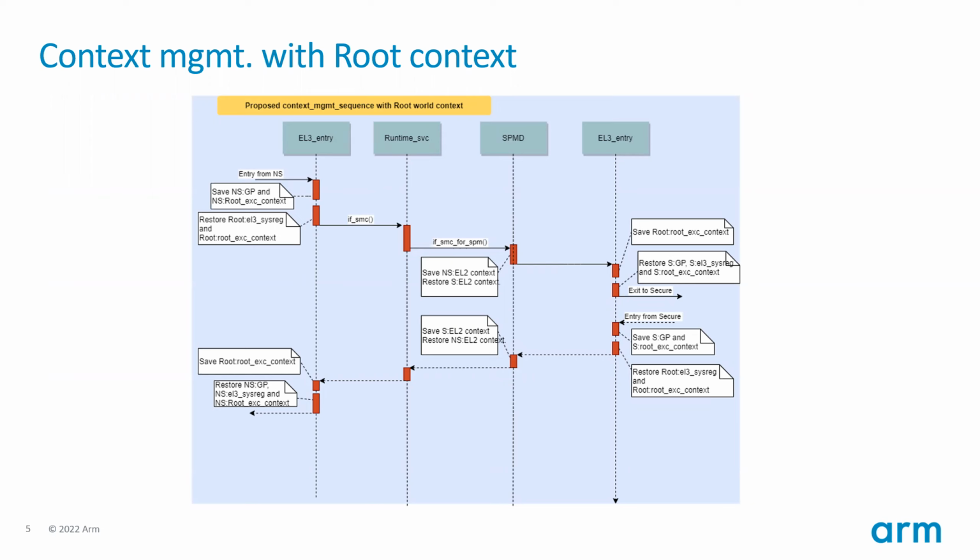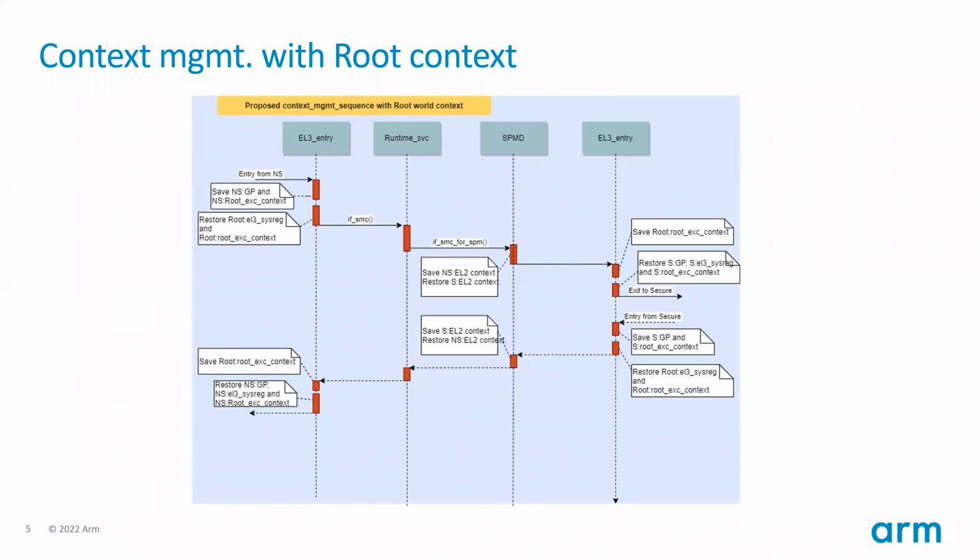So that's why we are introducing this root context concept. So this will need some prototyping to figure out what changes are involved and what the overheads are for this extra sysreg programming. And depending on the results of prototyping, we would need to make a decision.